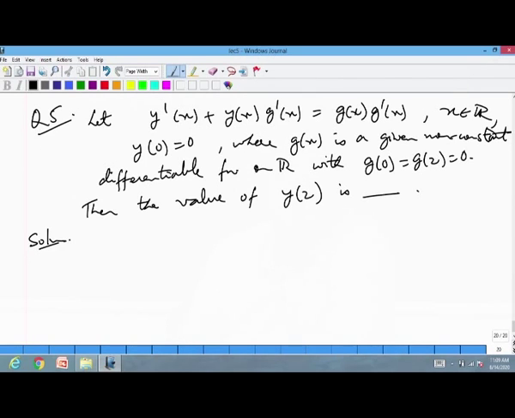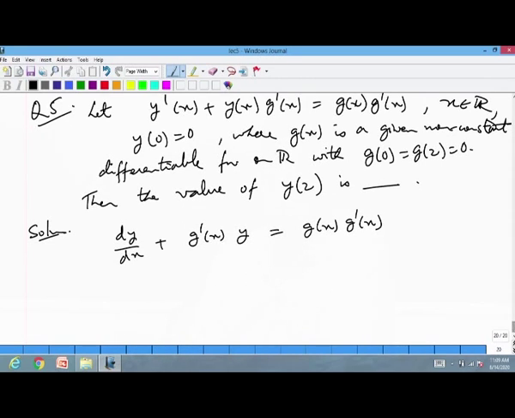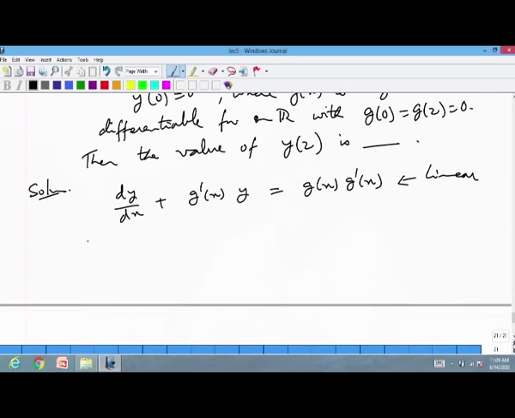So, what we have is dy dx plus g prime x times y is equal to g x times g prime x. So, again you see that this is linear. So, what we do is we first find the integrating factor, e to the power integral p x dx, where p x is g prime x.